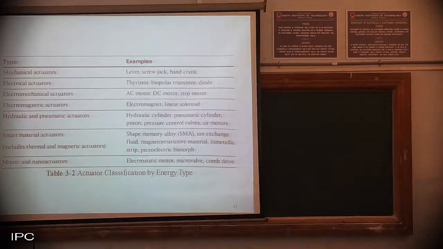All these are classified into smart material actuators. Means it is the material itself that has smart nature. And then the micro and nano actuators: electrostatic motors, micro valves, comb drive. These all come under micro and nano actuators.